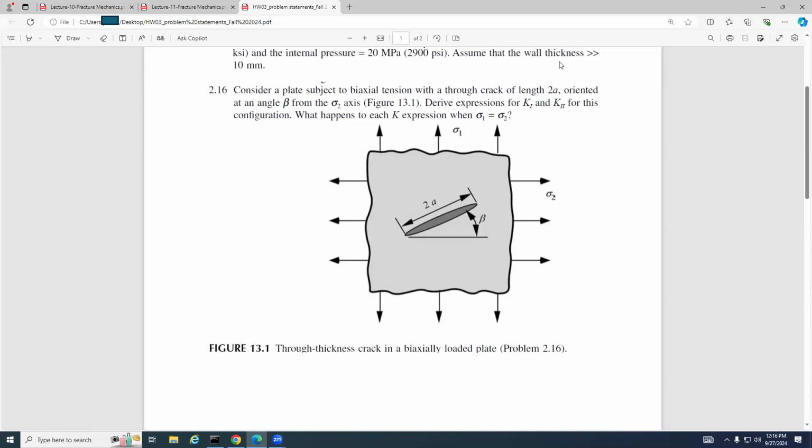This is the contribution from sigma 1. For sigma 2, cosine of 90 degrees plus beta, because this is the angle. You need the orientation, it matters. And multiply sine of 90 degrees plus beta and the square root of pi a. You can see this one and this one use the same equation, right? But for orientation, you have 90 degrees here.